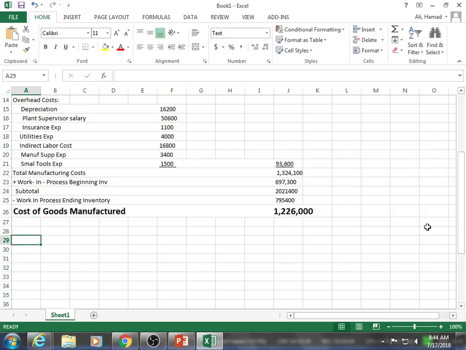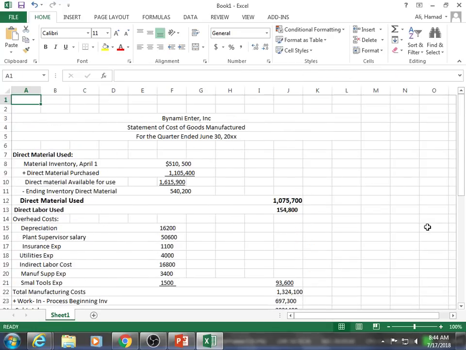That is the magic figure, cost of goods manufactured. It has in it three components: material, labor, and overhead. Total material used, total labor used, and overhead used.